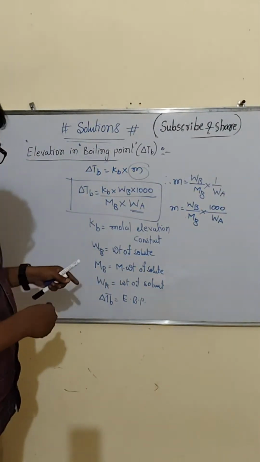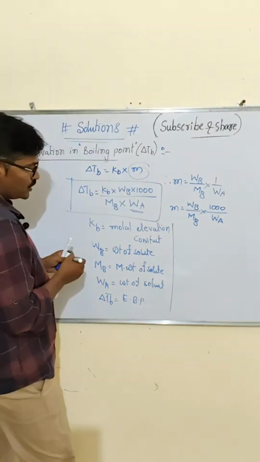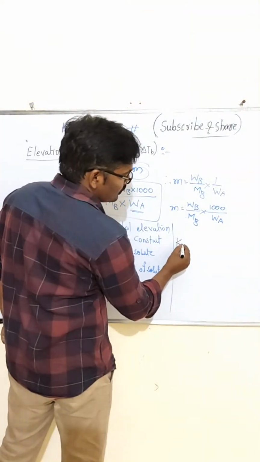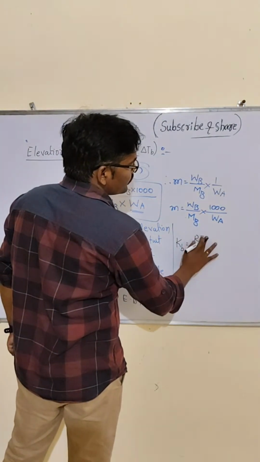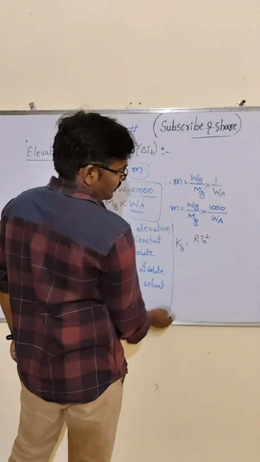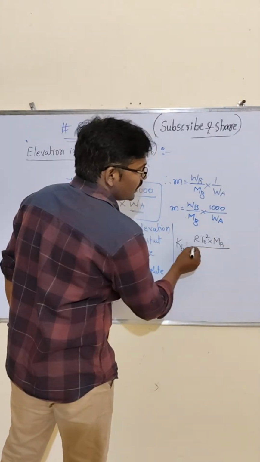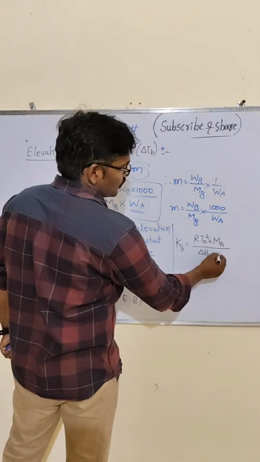one of the previous year questions. Before going to that, even the KB that we are discussing, KB equals R into T naught square into molar mass of solvent divided by delta HVAP into 1000.